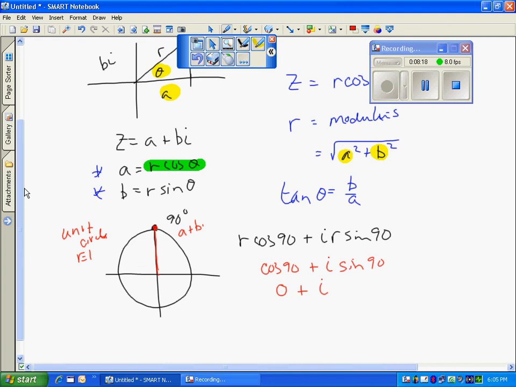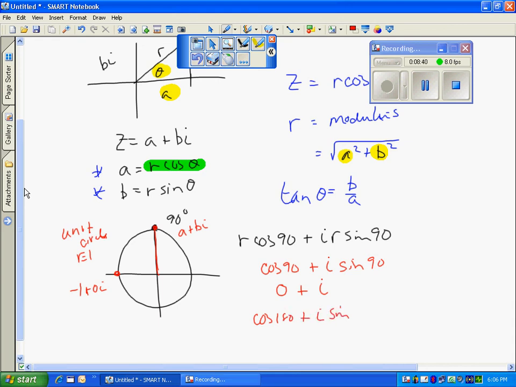If we try 180, that would put me right here. What would that be in complex? You could look at that and see, well, that should be a negative 1 plus 0i, because I'm not up or down any. Well, again, r is 1. So now I'm taking cosine of 180 plus i sine of 180.